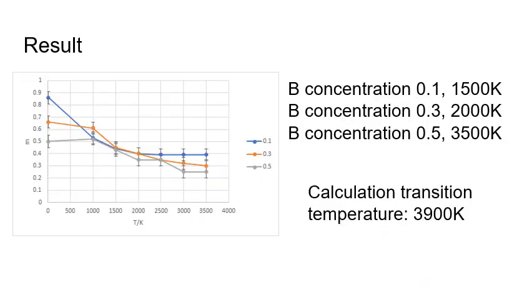For the results, we found that the transition temperature is 3500 K with nickel concentration equal to 0.5, which is near the theoretical result of 3900 K. By comparison, it shows that our model works well, and we also found that different nickel concentrations influence the transition temperature.